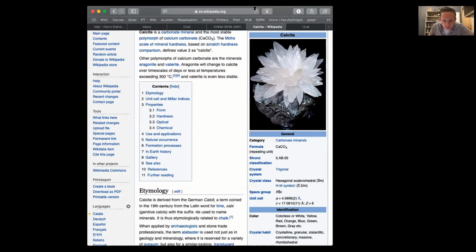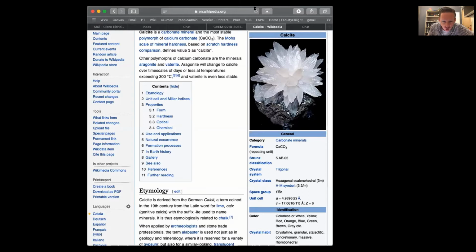And you see all the things that we've been talking about all year: the molar mass, the density, the melting point, solubility in water, solubility product, Ksp, the pKa, because carbonate is a weak base. Okay, so here's some of the other things. Crystal structure. Is trigonal on here? Not exactly. Okay, let's go back to calcite.